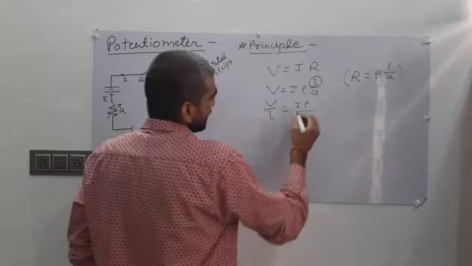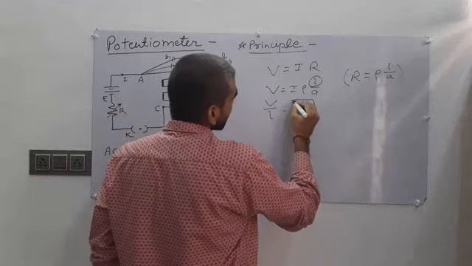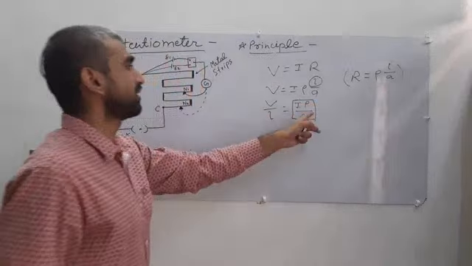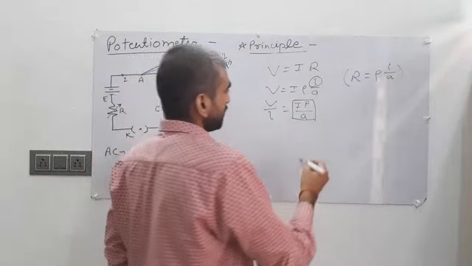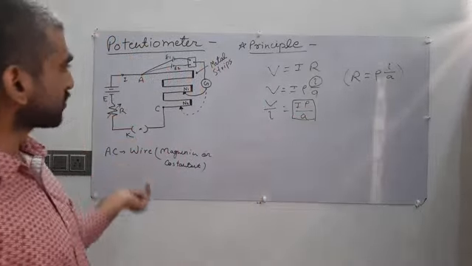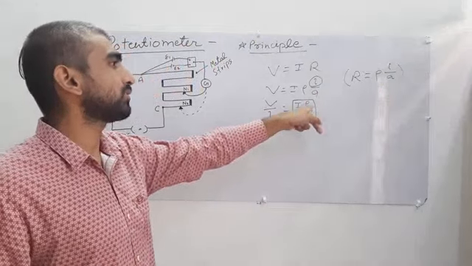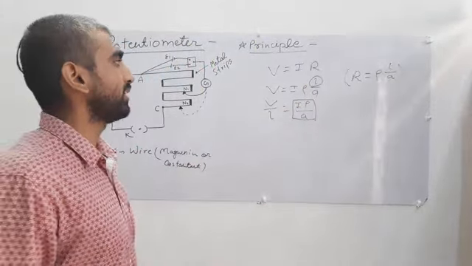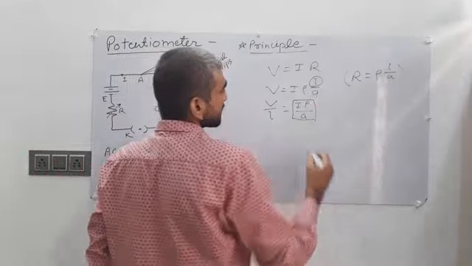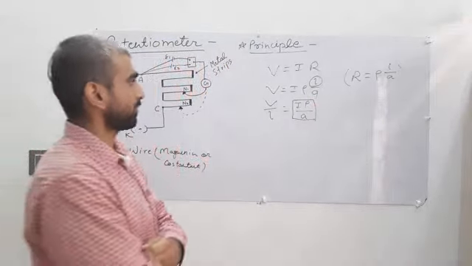This is constant, because we assume our current is constant, the cross section area is uniform, and you know that for a material the specific resistance is also constant.